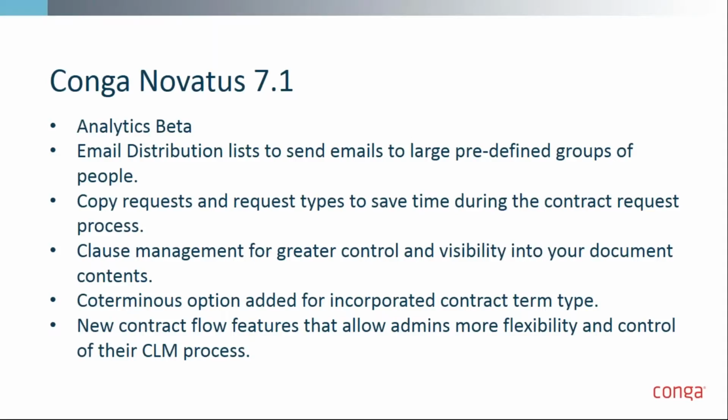All three of those things I've mentioned speak towards something we're working towards in Nevada as a whole, and that's bringing about a greater ease of use, reducing the amount of clicks, and making life easier for those of you that are using the system.